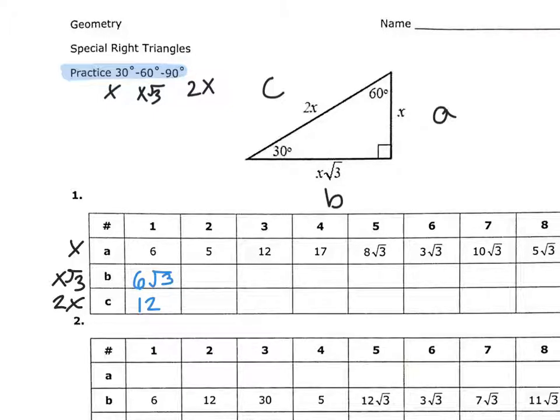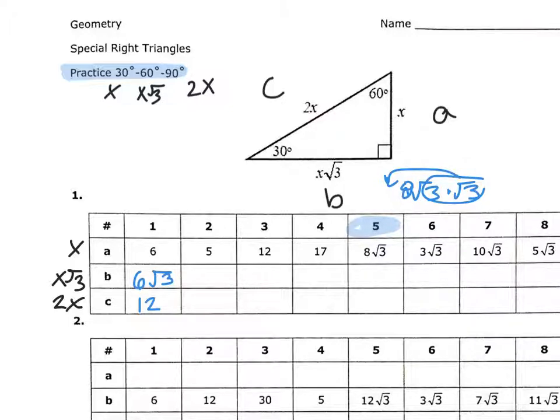And I'm going to skip over to number 5 in my problem set. So here, X is 8 square root of 3. And then to find my B, it is going to be 8 square root of 3 times the square root of 3. Well, that gives us a pair of 3's that come out of the radical.